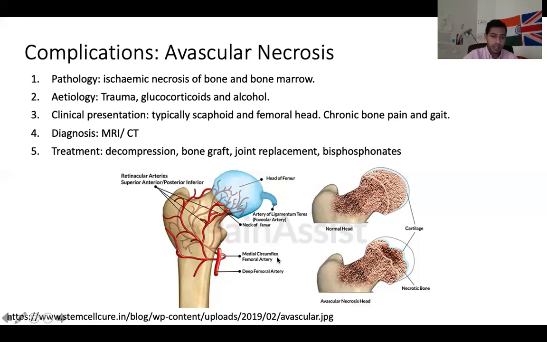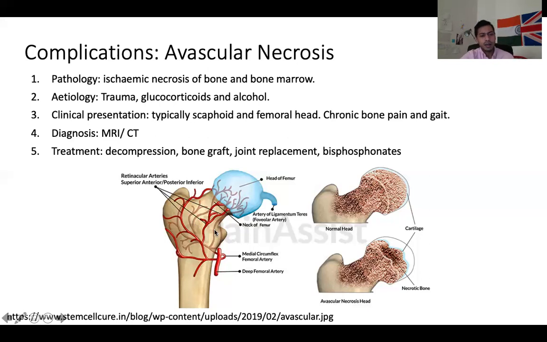And I think one of the reasons why the femur is also affected quite commonly, especially in hip fractures, is because of the blood supply. As we can see, there are many different contributories to the head of the femur, and a fracture usually tends to affect the head or the neck, and it can cut off the blood supply, which could cause the avascular necrosis in that case.